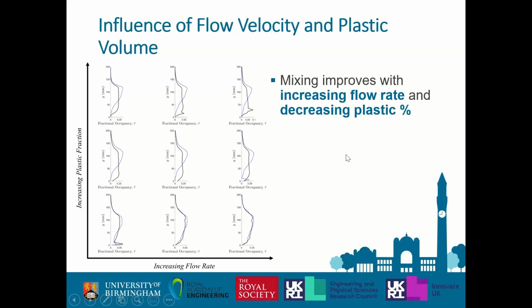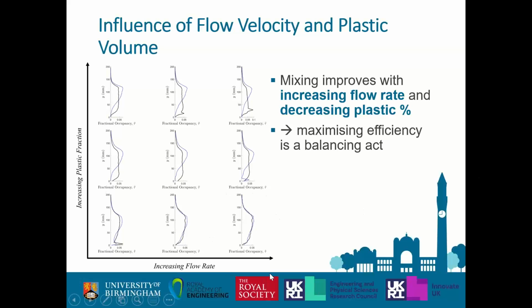And what we found is, this was not a particularly surprising fact, but it was a very interesting one, that as we increase the flow rate, we get better mixing, and as we reduce the plastic fraction within the system, as we have a greater ratio of sand to plastic, we also increase the mixing. And the trouble with this is it means that maximizing the efficiency of our system is somewhat of a balancing act.